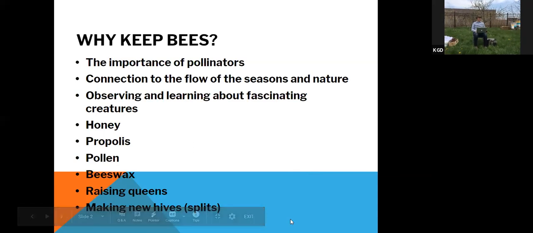The short of it, without getting into the details, is that if you do get into beekeeping, there are other ways to support other beekeepers by raising queens locally and trying to establish bees that are really adapted to our climate and have good survival rates over the winter. A lot of that can be done by raising bees in a local way.